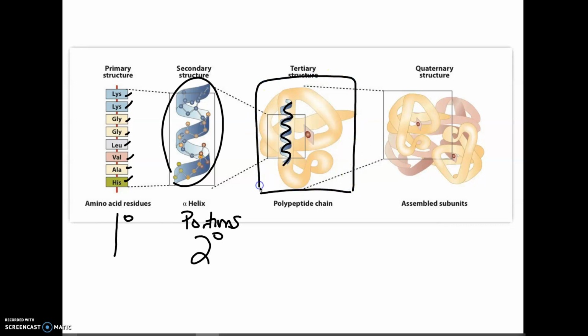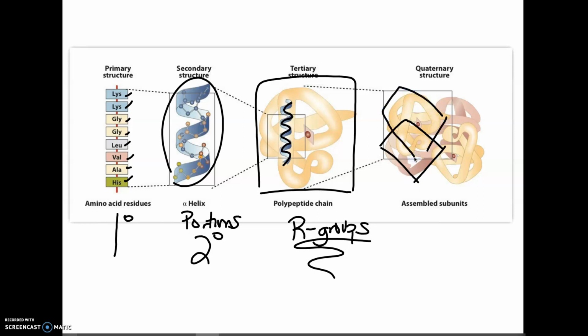Tertiary is how the whole chain folds up, one full chain, and this one especially is due to the R groups interacting with each other. And then finally, some proteins have a quaternary structure, where the final functional protein consists of multiple chains all interacting.